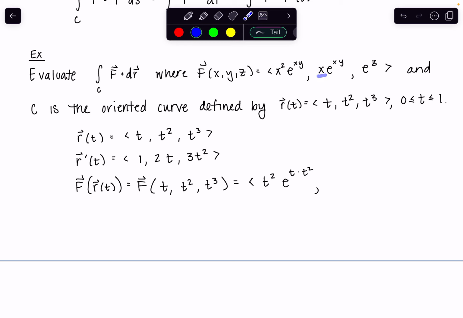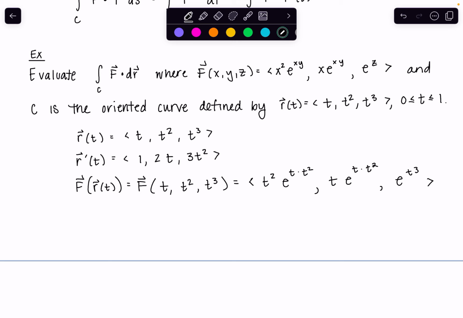Second piece, that's x, so that's t, and then e to the x times y is again e to the t cubed. Last component is e to the z, and z is t cubed, so this is e to the t cubed. Okay.